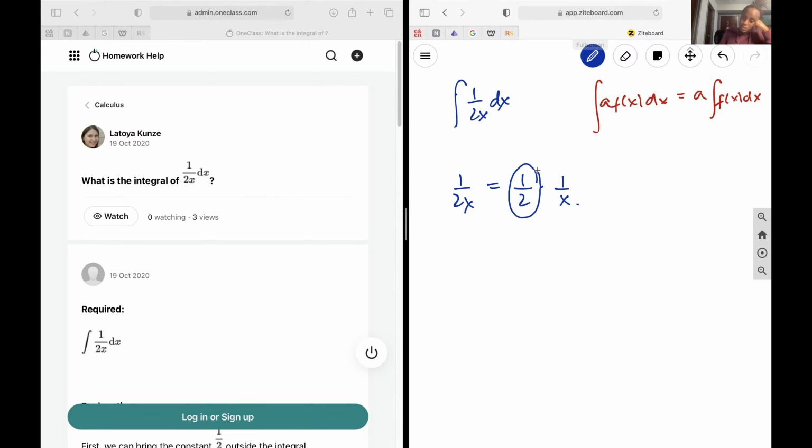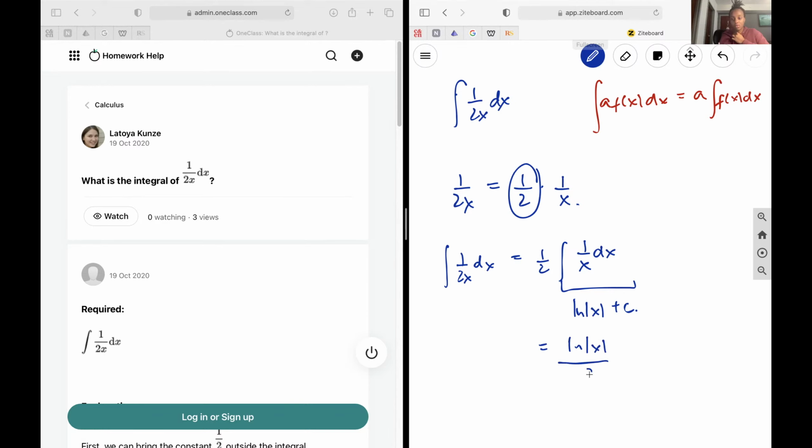And so this is going to be my constant, and I'm just going to pull it right out so that I can get that the integral of 1 over 2x dx is equal to 1 over 2 by the integral of 1 over x dx. I know this integral, it's a common integral, and it's going to give me ln the magnitude of x plus c. And so my final answer will be ln the magnitude of x over 2 because of that constant I pulled out, plus c.